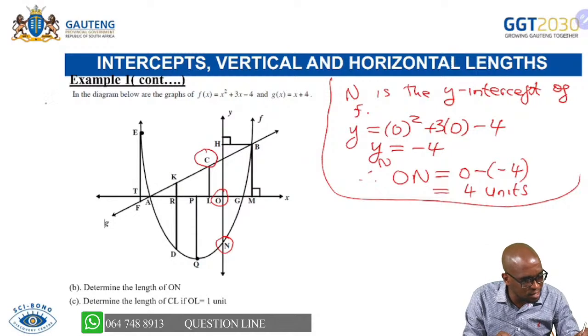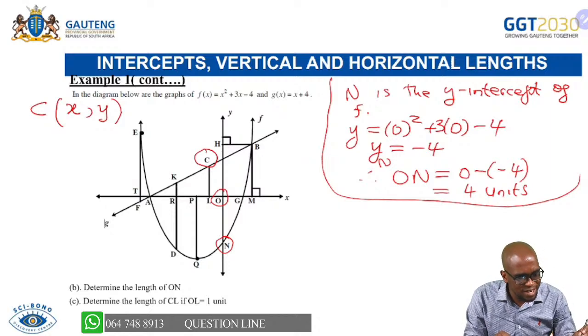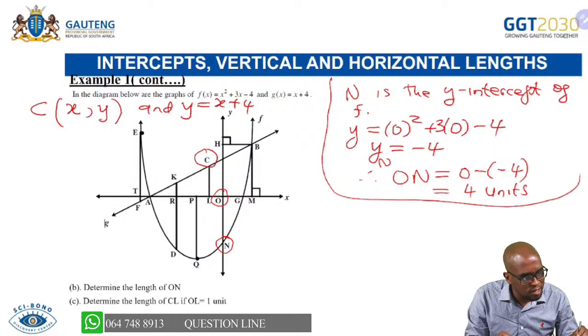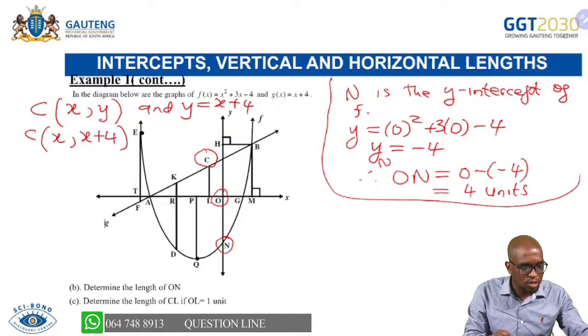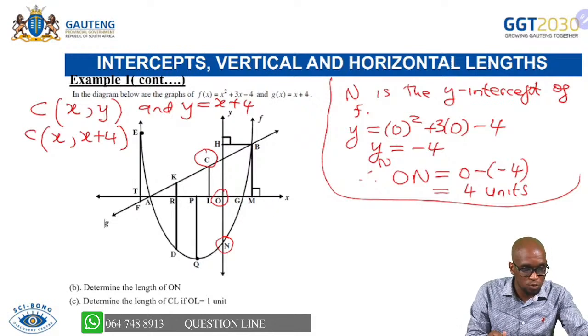If we say C has the coordinates x, y, and it's on the straight line, our straight line equation is given by y equals x plus 4, which means that the coordinates of C are given as x, x plus 4. That is if we substitute y with x plus 4. Those are the coordinates of C, because C lies on the straight line.